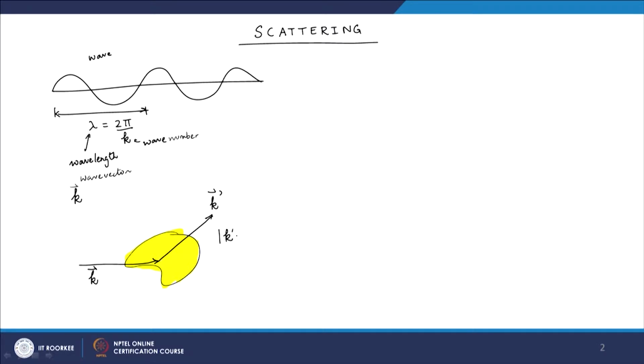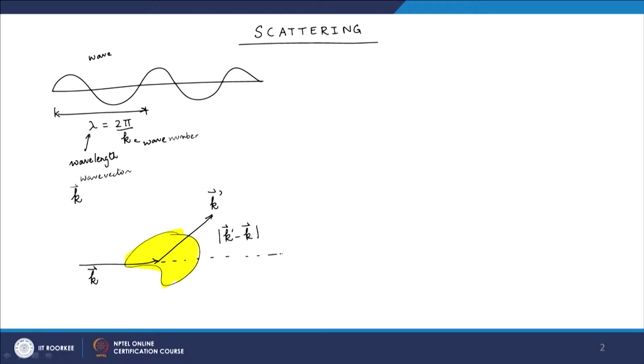Depending on how big the obstacle is or how rigid the obstacle is, it will change the amount of scattering that we can receive, and the amount of scattering is given by something of the order of k prime minus k.